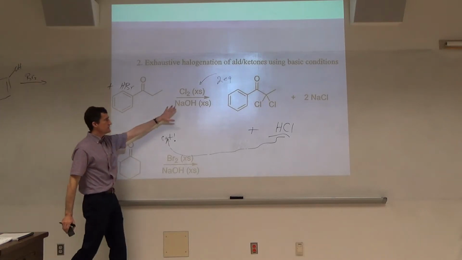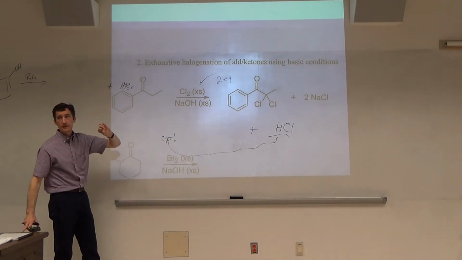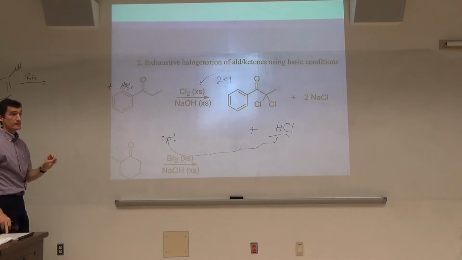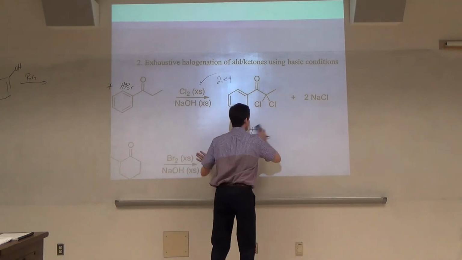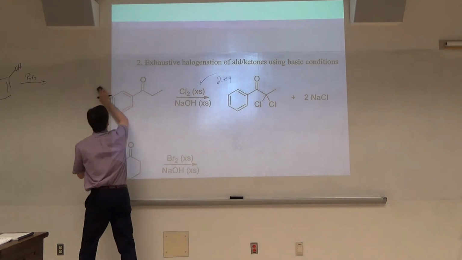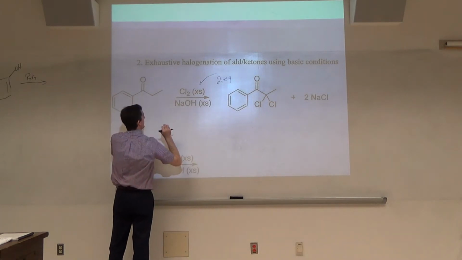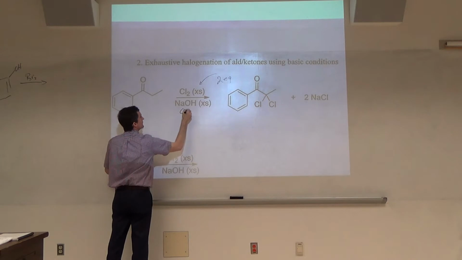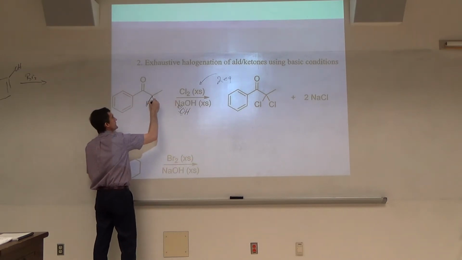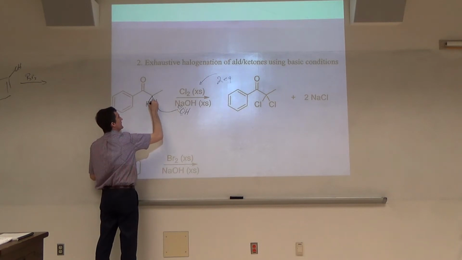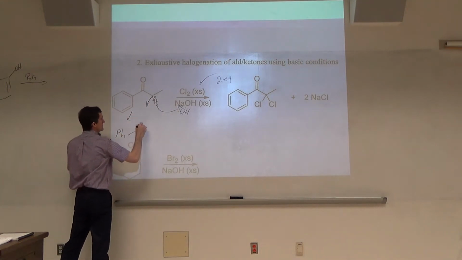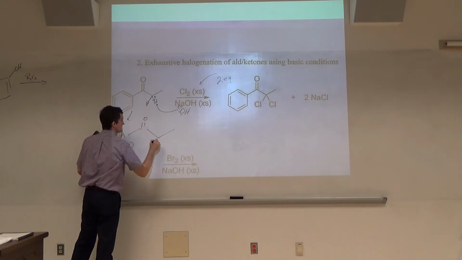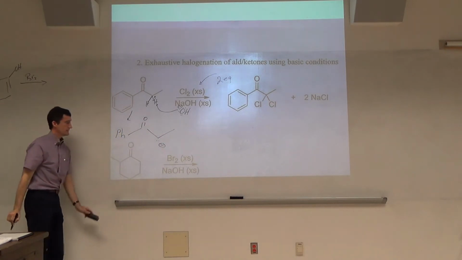Under basic conditions, the key intermediate is not the enol, but the enolate. Here we have hydroxide. The first thing that happens is it takes an H and makes the carbanion.